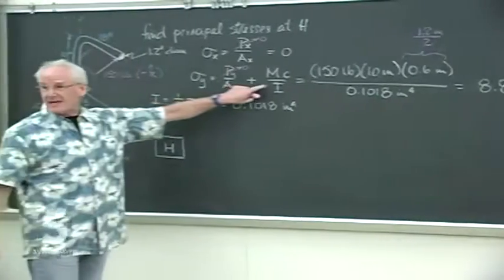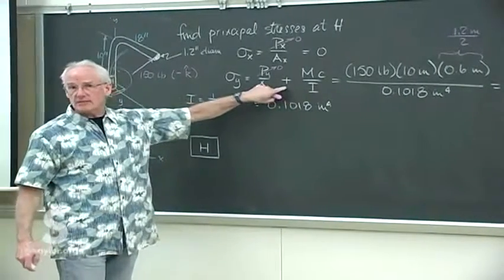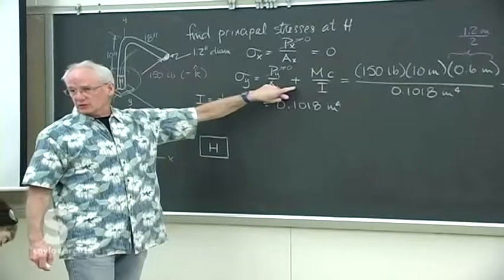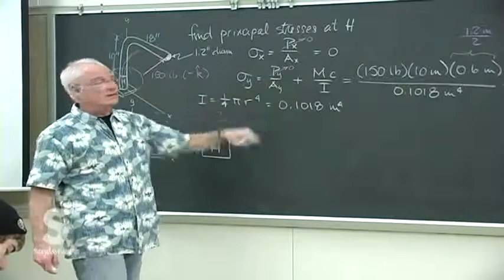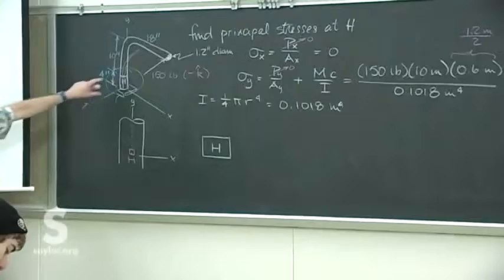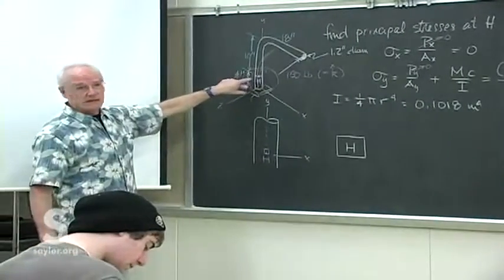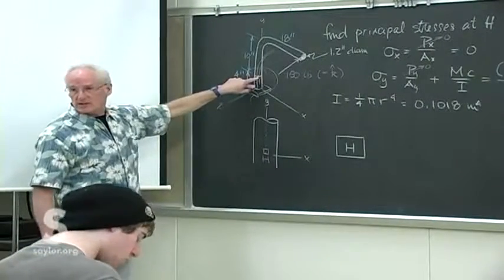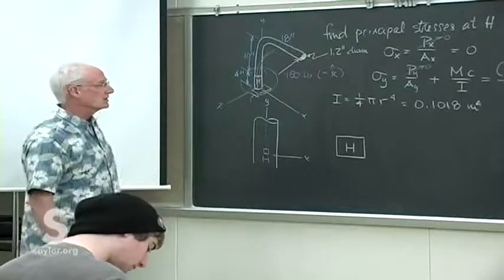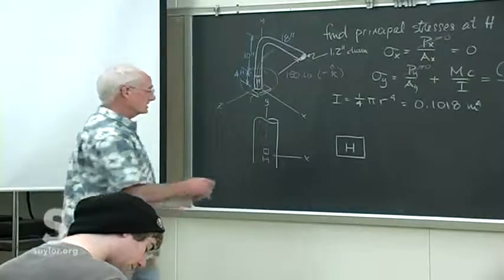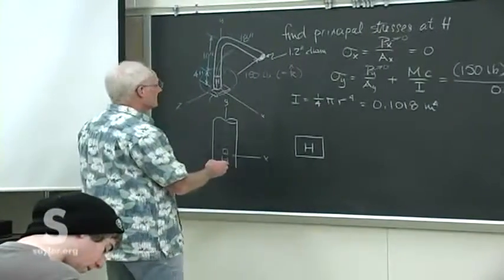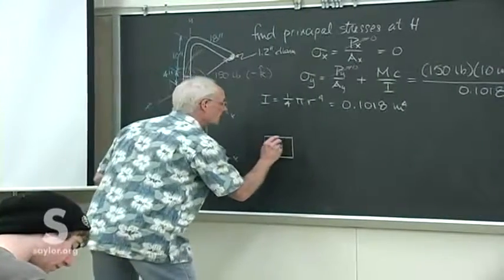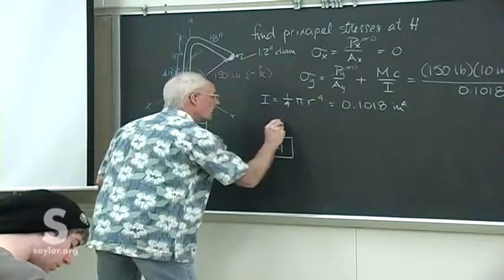Remember when we first got this bending equation, it actually had a minus sign in it. You have to look at it by inspection to know whether it's going to be positive or negative. We can tell by inspection that at the front of the piece where H is, that'll be in tension. So we know this is a positive stress. And so we can now draw that in, 8.84 in the y direction.